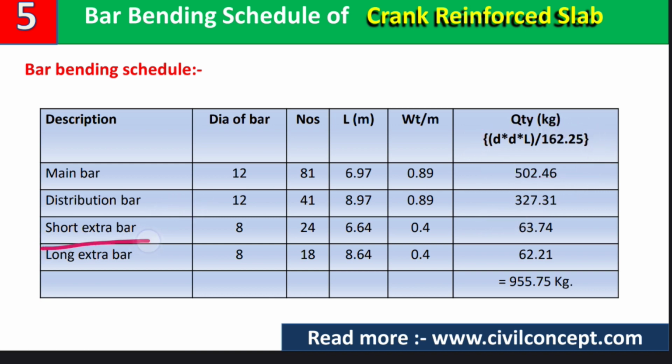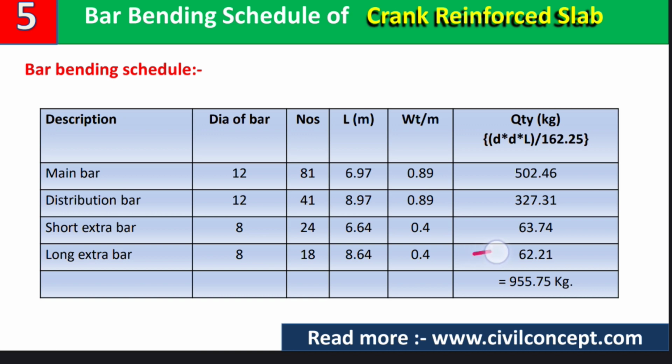And for short extra bar we will use 8 mm of bars, numbers will be 24. We have calculated length is 6.64, and weight per meter will be 0.4. And when we again calculate all these, we will get 63.74 kg of short extra bar in short direction, and in long direction extra bar will be used of 8 mm, and number will be 18, length is 8.64, and weight per meter is 0.4 again, because we have used 8 mm bars.